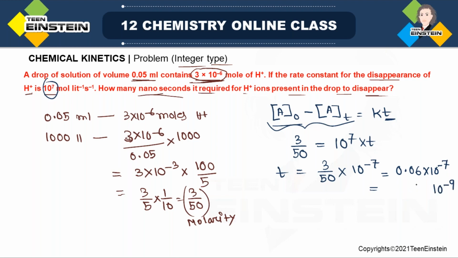That means this will be converted to 6. So this is the value of time in second, but we have to express it in nanosecond because it is an integer. So nanosecond is 10 to the power minus 9, that is 1 nanosecond. That means it is equal to 6 nanosecond. So the answer is 6. Fine.